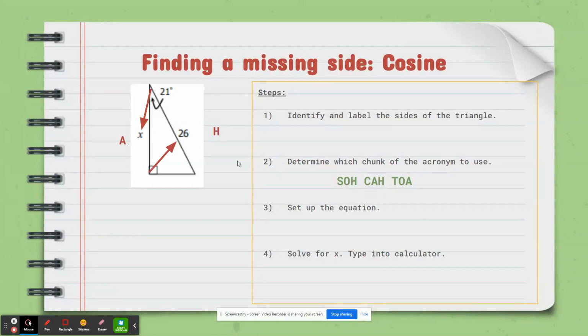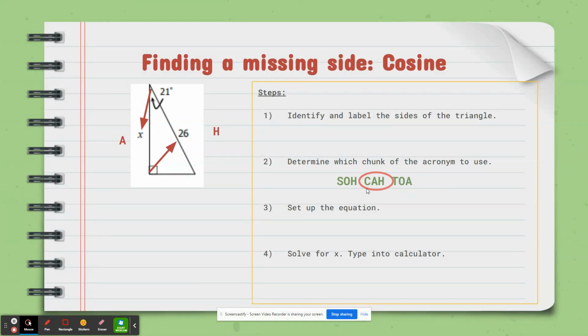For this next example, you will repeat the same 4-step process. So start by identifying and labeling the given sides. From angle 21, we have x is our adjacent side, so next to the given angle. And then 26 is our hypotenuse. Given A and H, determine which part of the acronym you will use. A and H goes with cosine.